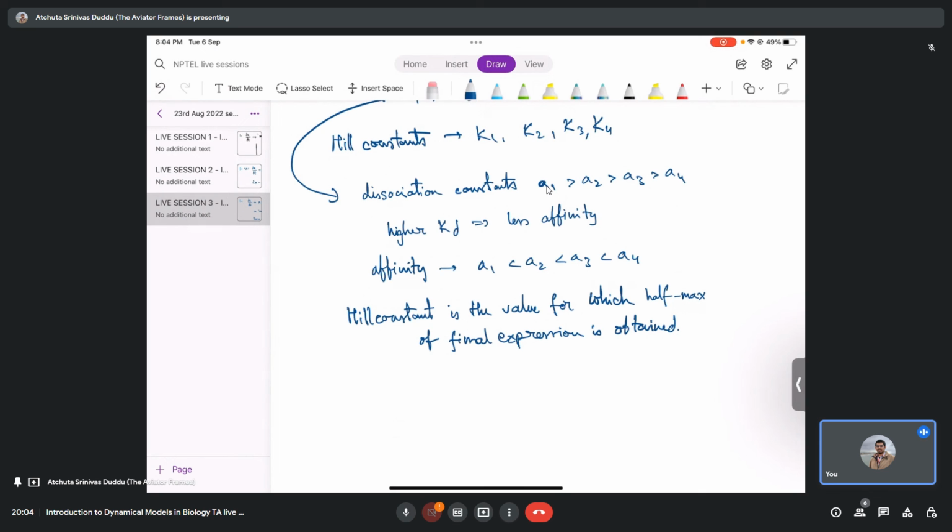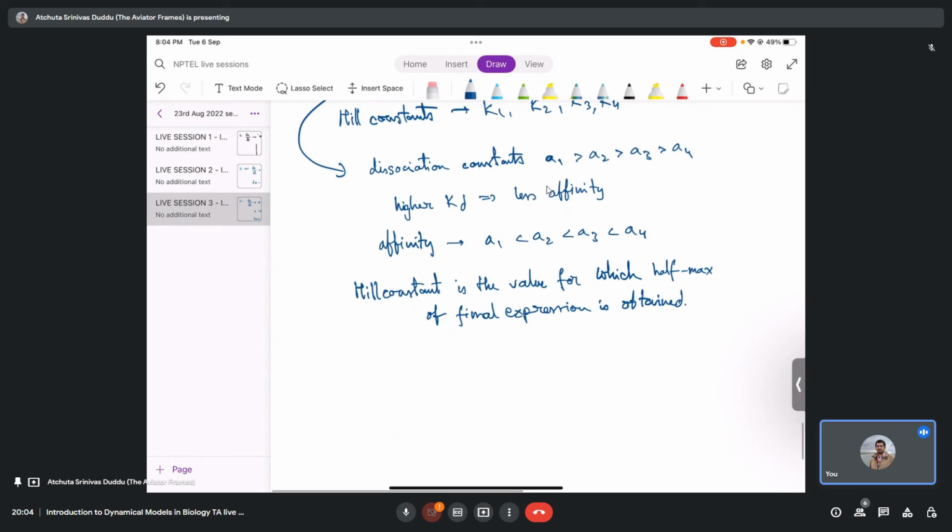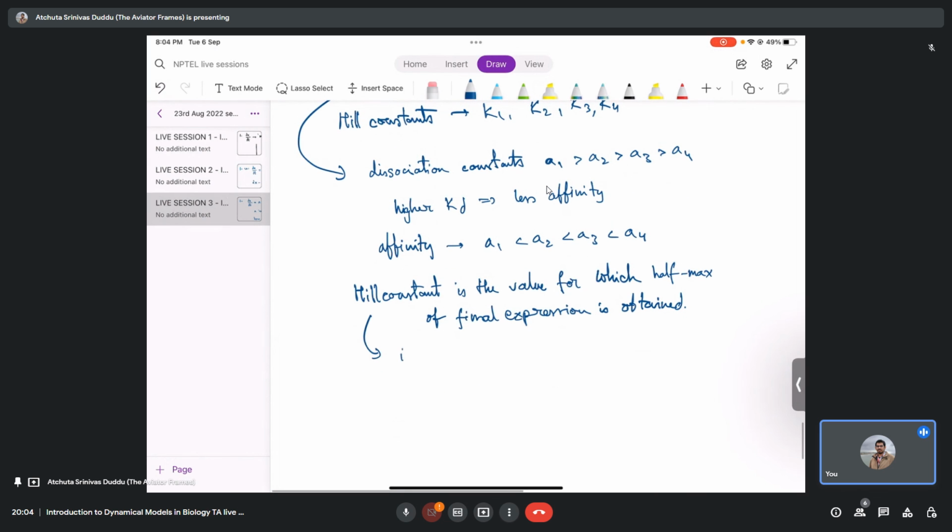Even at less concentration of transcription factor, the binding gets saturated. So we have Hill constant inversely proportional to the affinity, which implies we have K1 greater than K2 greater than K3 greater than K4.